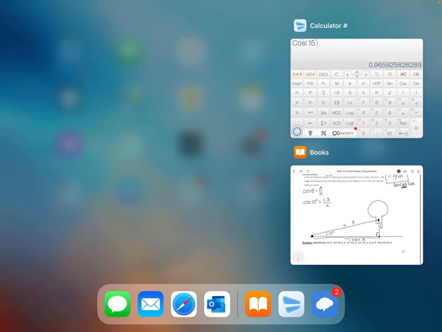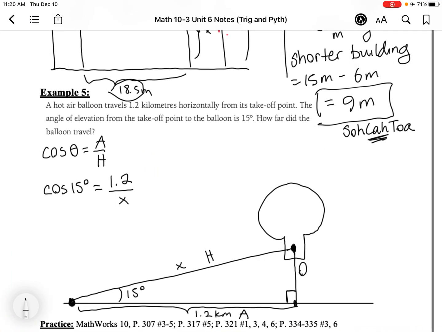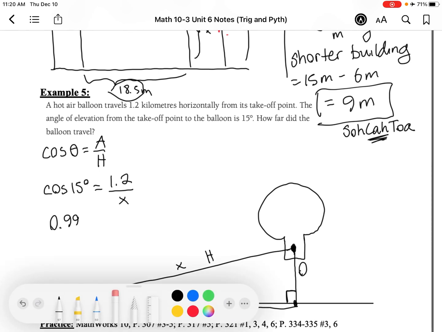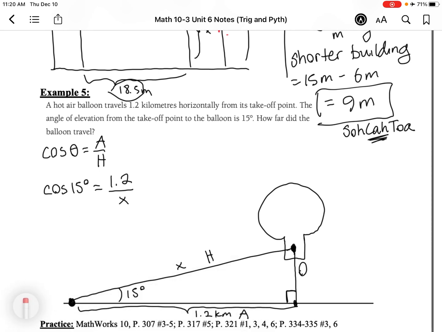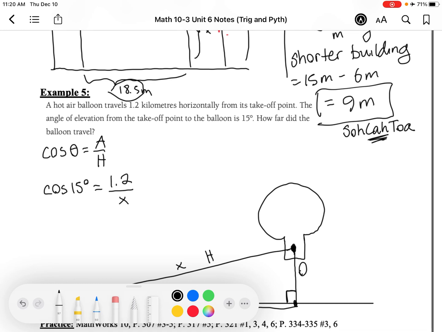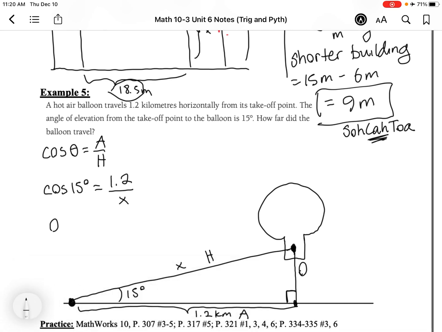All right, I'll remember that. So cosine of 15 is 0.966 equals 1.2 over X.